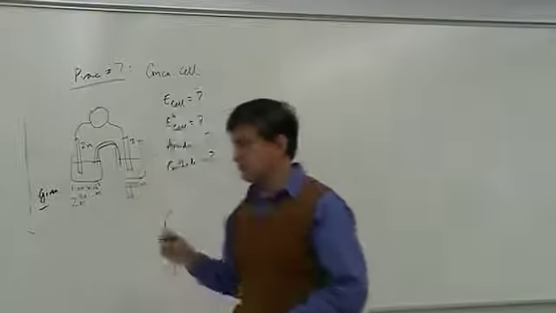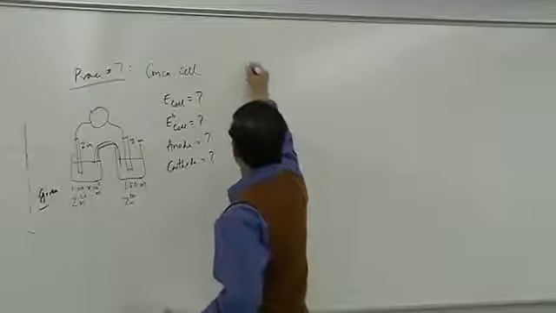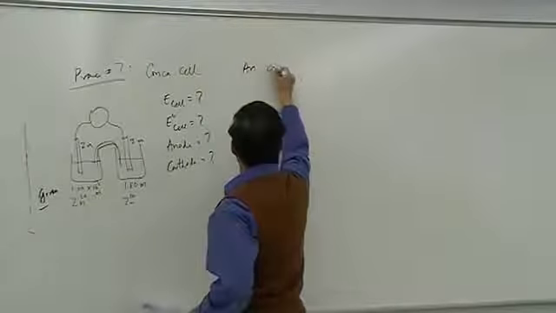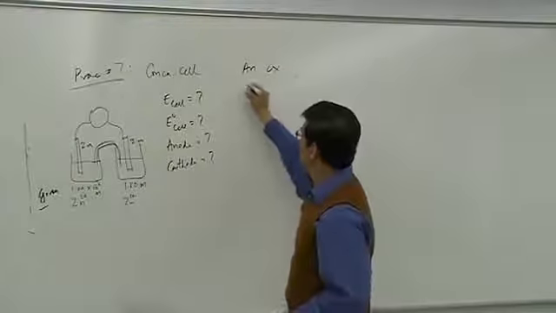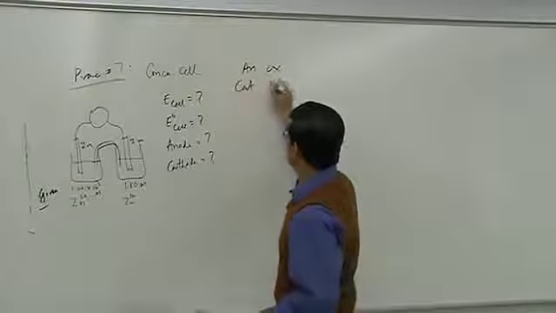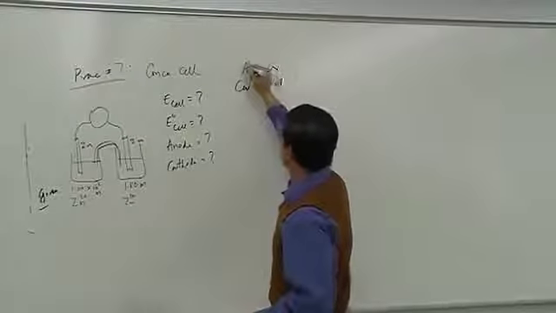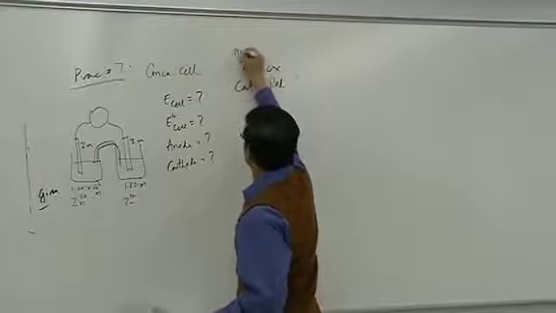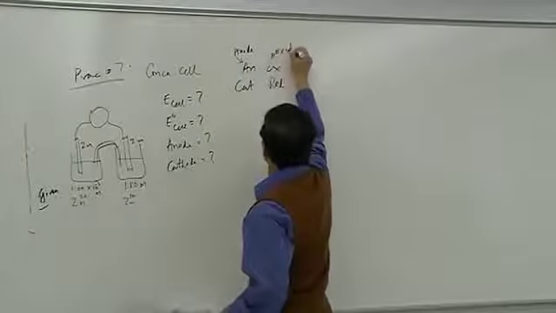In my lecture note, for your understanding or quick remembering, I use this, AN OX, anode oxidation. And I also mentioned RED CAT, cathode reduction. So this is anode, oxidation.